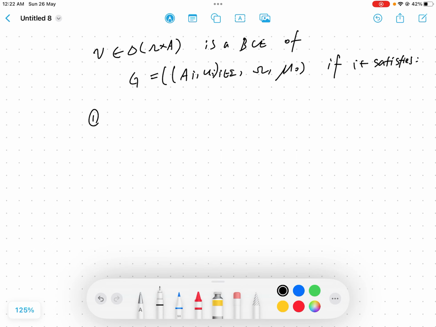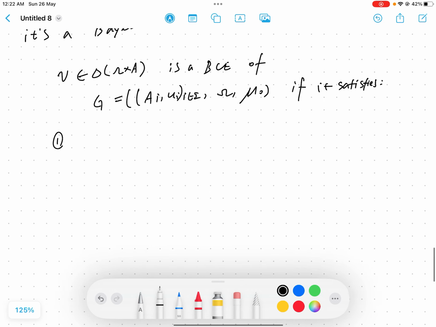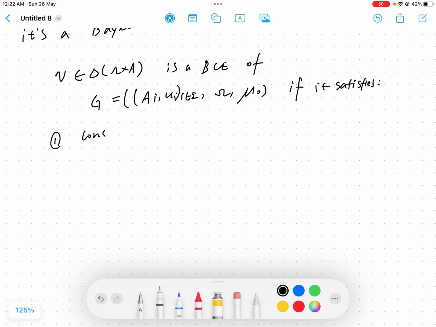The first of that is consistency. We see a lot of consistencies in the solution concept definitions, but this consistency is quite different from the one such as the consistency in the sequential equilibrium, right? Although they have the same name, they actually mean different things.